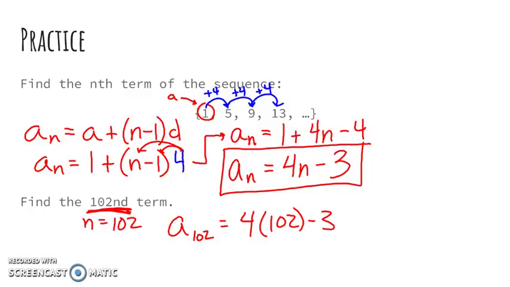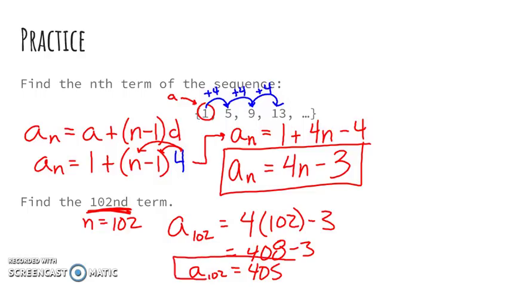Okay, and then I just need to simplify. 4 times 102, 4 times 2 is 8, 4 times 100 is 400, so that's going to be 408 minus 3, which tells me that my a sub 102 equals 405. That's going to be a lot better than writing out 102 numbers to figure out your answer. Let's do one more example here.